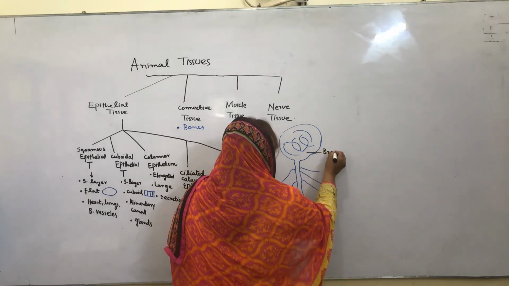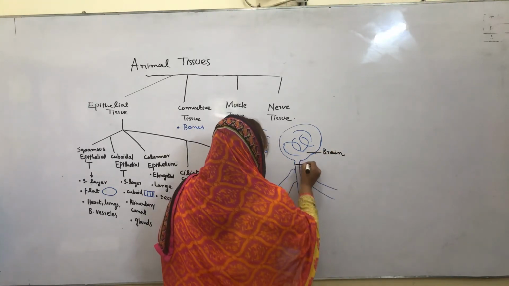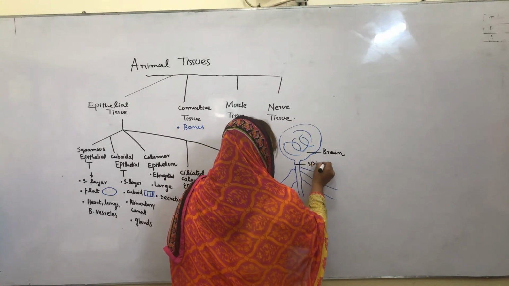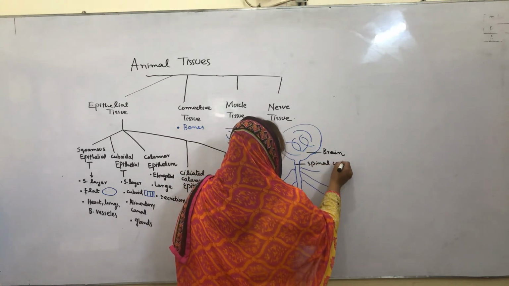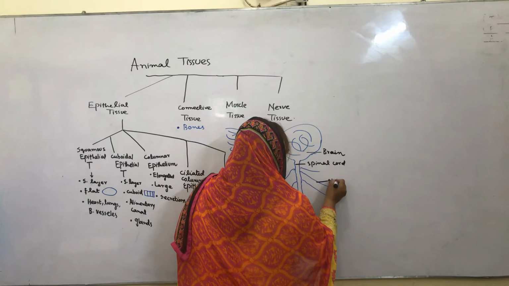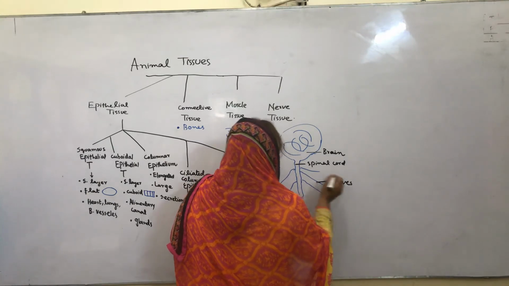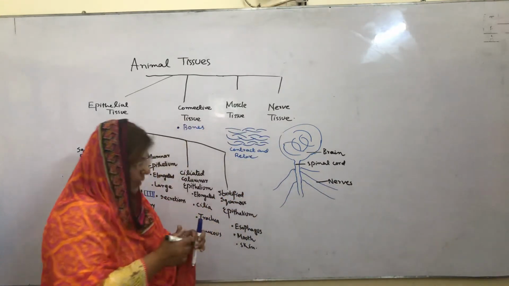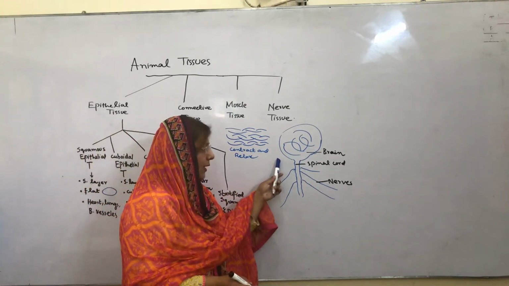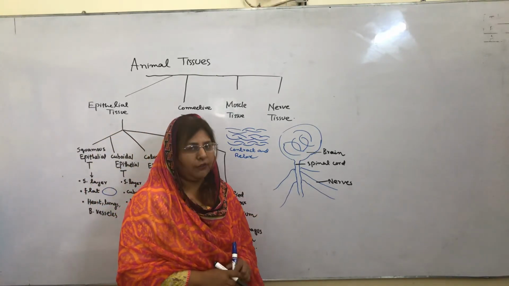Brain, spinal cord, and nerves. So the nerves make our nerve cells. They get messages from our brain and take them to the relevant part of our body.